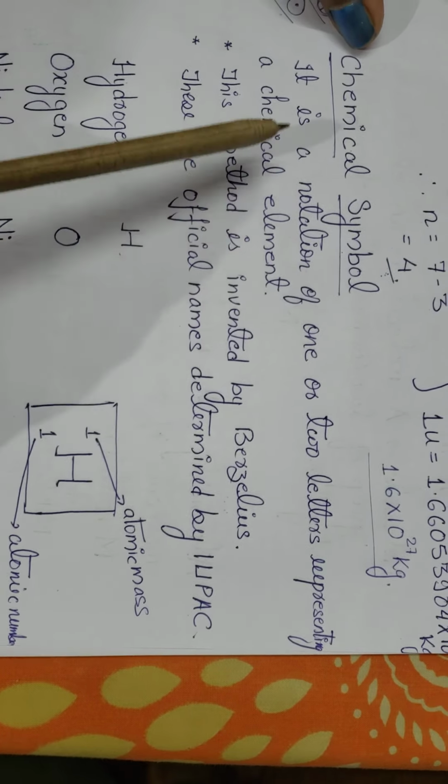Lithium starts with L. There is another metal which is called lead. This lead also starts with the letter L, and there are some other elements also with the same letter. So in the case of lead, instead of using the letters Le, he used Pb. Where did this Pb come from?